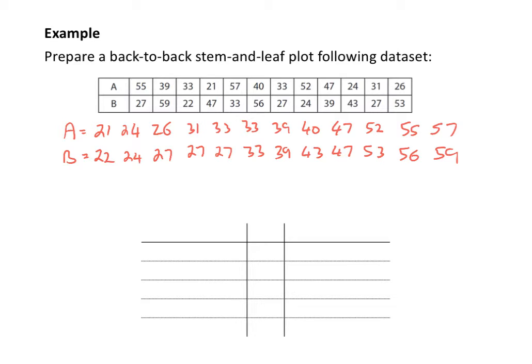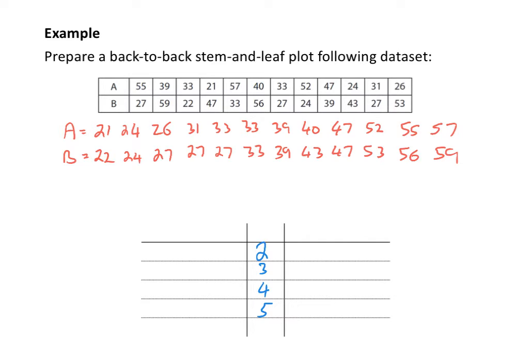Now I need a scale that goes from 21 up to 59. So I think groups of 10 will be sufficient in this example. So my stems are going to be 2, 3, 4, and 5, which will then allow me to go from 20 up until 59, which covers the scale required across both data sets.